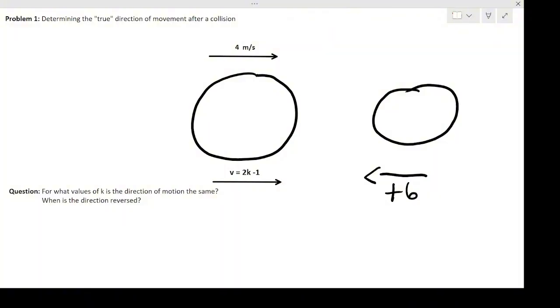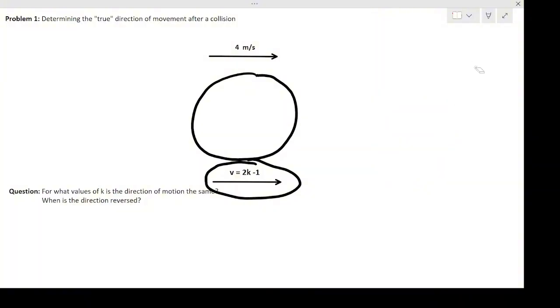We need to make sure that if the motion stays the same, so if it continues to go forward, we do not flip the direction. We do not flip where the velocity is going. It's still going to go forwards, so we need to make sure it's not going to be negative.